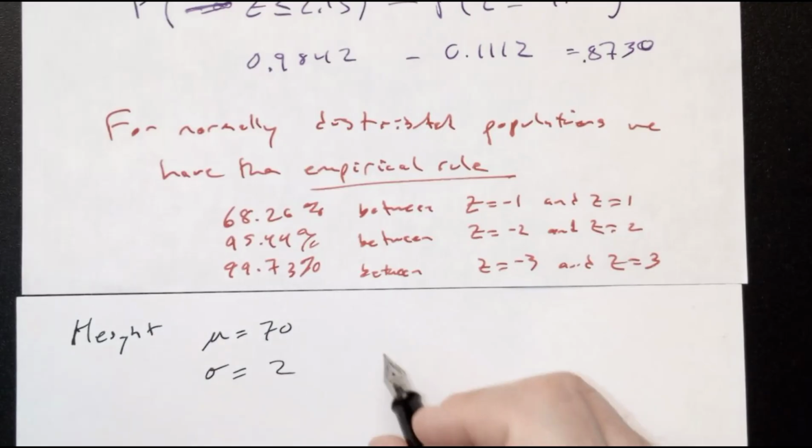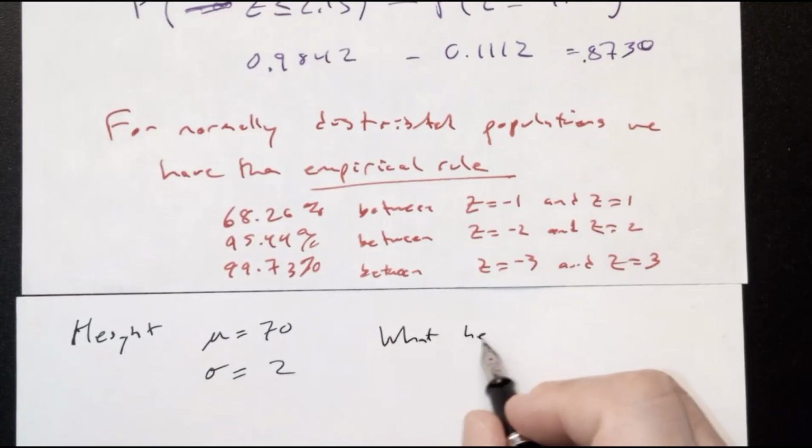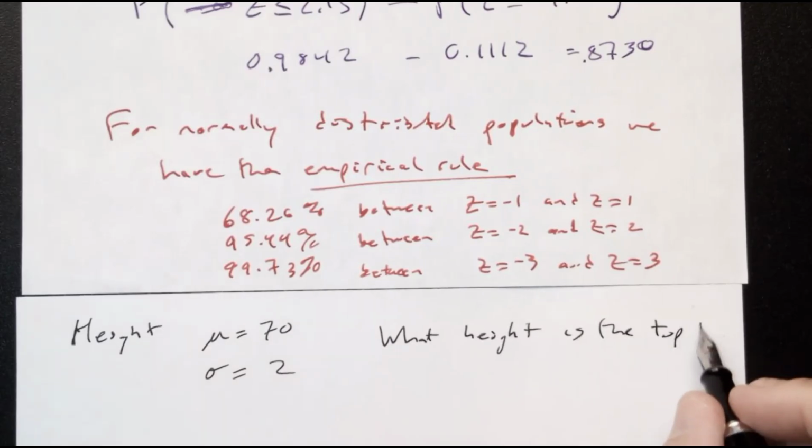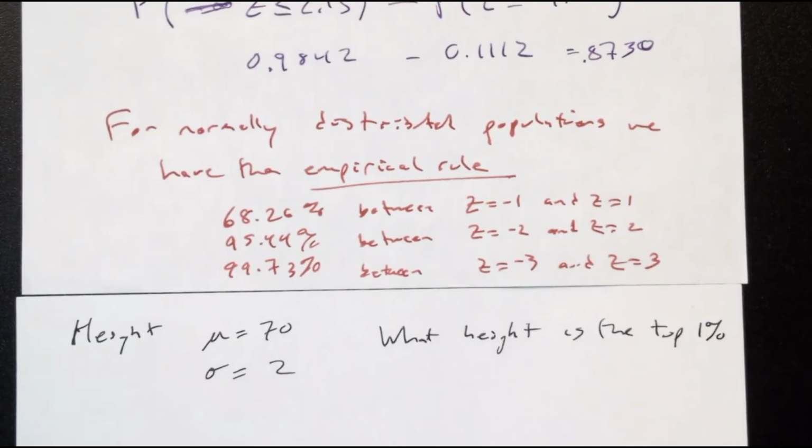And now I want to know what height is the top 1%. Wait a minute, percent, that's asking about a probability. If the chance somebody is really, really tall is only 1%, then I'd want to know where the dividing line is, right?